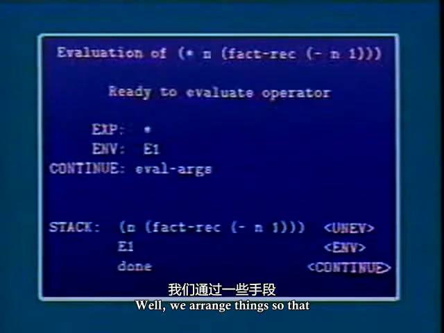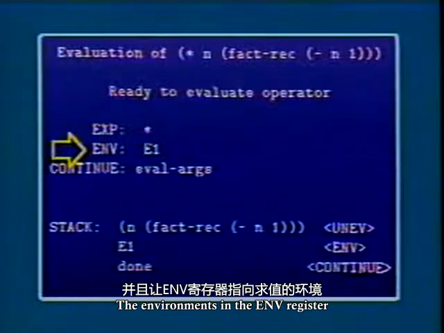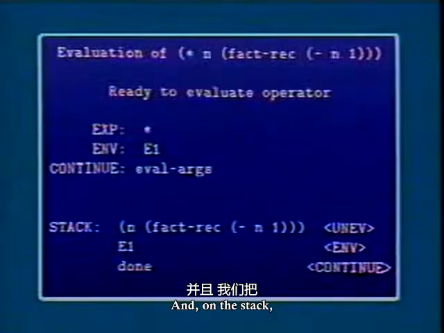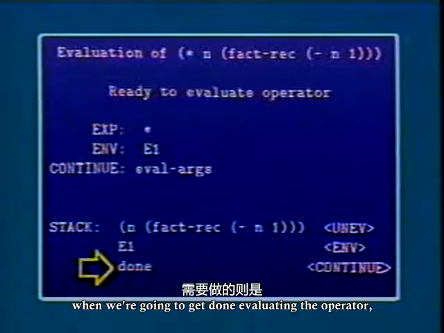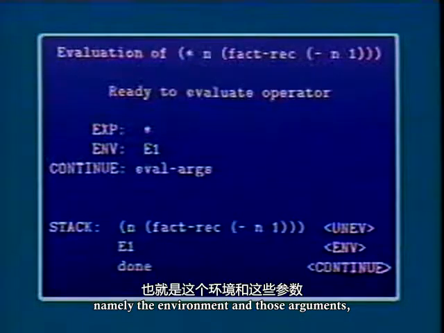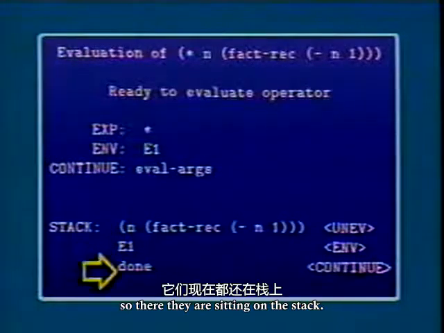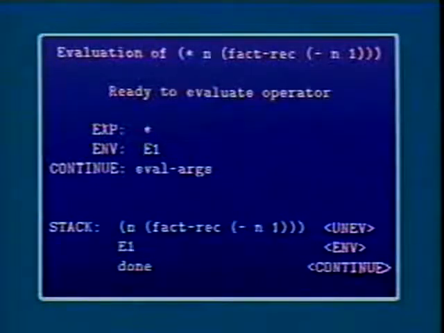We arrange things so that the operator ends up in the expression register, the environment's in the env register, and continue is someplace where we're going to evaluate the arguments. On the stack we've saved the original continue, which is where we wanted to be when we're all done, and then the things we'll need to evaluate the arguments, namely the environment and those unevaluated arguments. So there they are sitting on the stack, and we're about to go off to evaluate the operator.